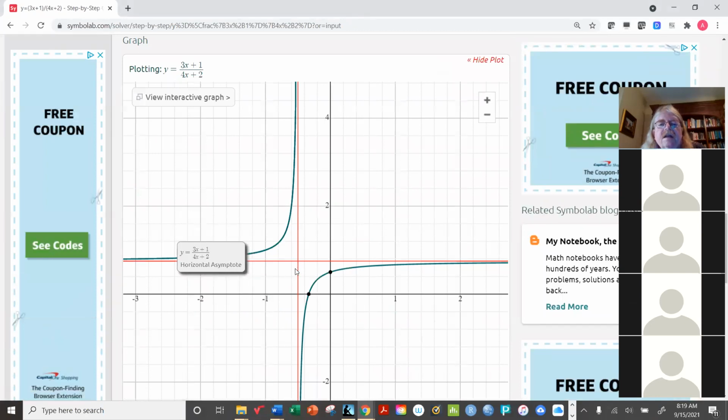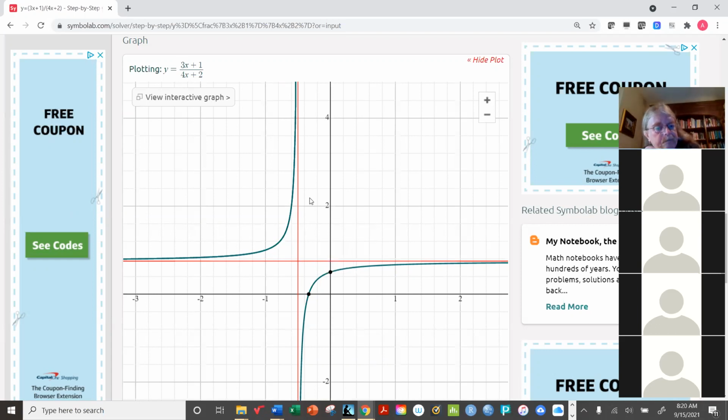There it is. It's hard to tell sometimes from this. Oh, there it is. Sometimes they label it properly, and sometimes they don't. But yes, you can see from the graph, this is -1/2. And there's also a horizontal asymptote, but we're not concerned about that because we're only interested right now in the domain. The domain only refers to the vertical asymptotes.